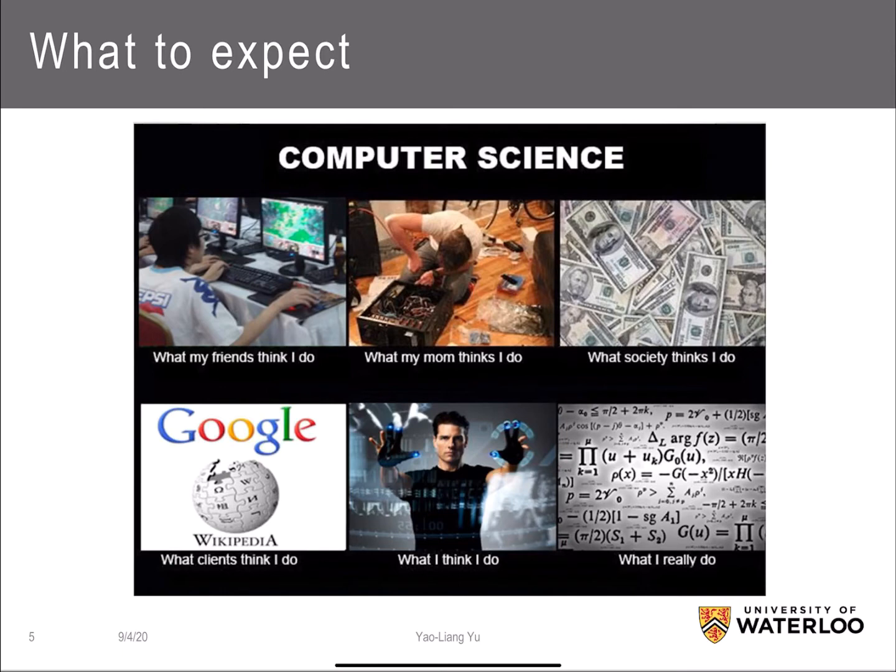This is a picture that I usually show in all my courses. We all know computer science is cool, or statistics is cool if you're from statistics, or CnO is cool if you're from CnO. But at the end of the day, in most of these areas, we all have to do some math. So don't be scared of doing math.